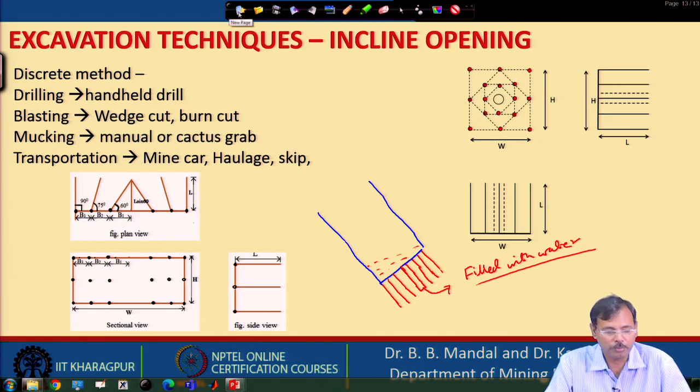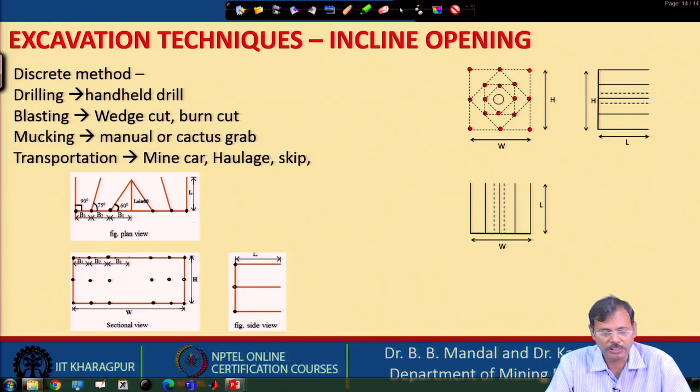So, irrespective of blasting pattern, generally this is the blasting procedure carried out, and the blasting is carried out after shifting the manpower to the surface, and the connecting cables are transferred to the surface, and blasting is carried out from the surface only. During blasting, no one is allowed to stay inside the incline. Then mucking is carried out using the cactus grab, and generally these cactus grabs are also shifted every time from the surface or any platform kept inside the incline from time to time at distances.